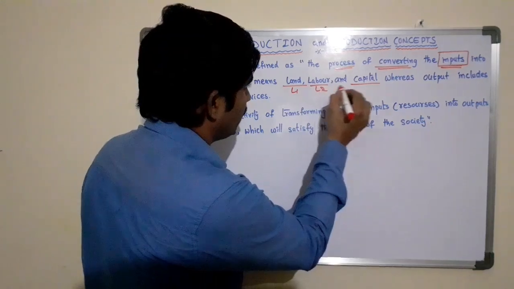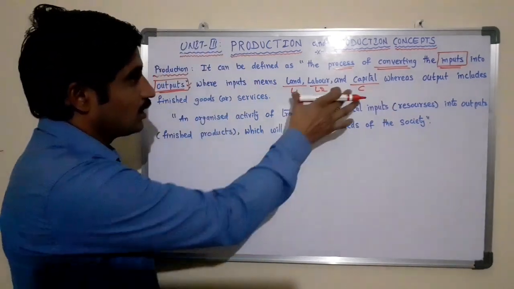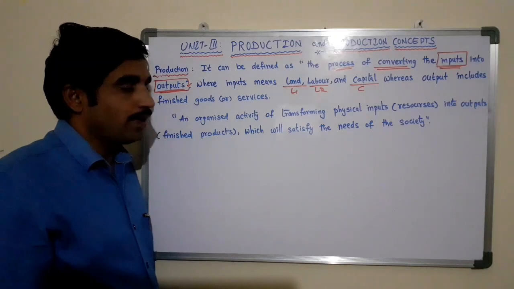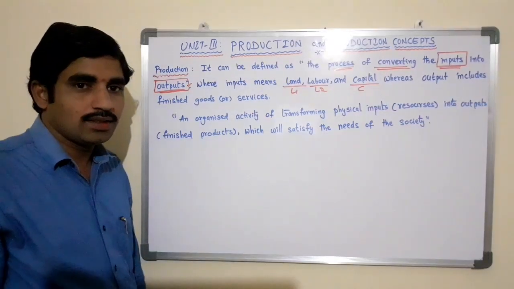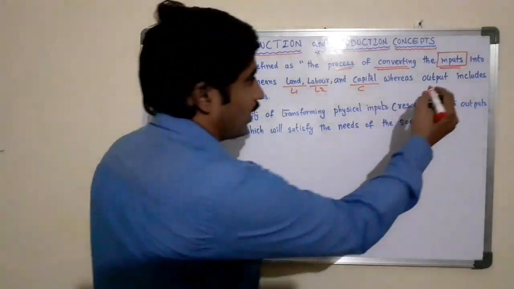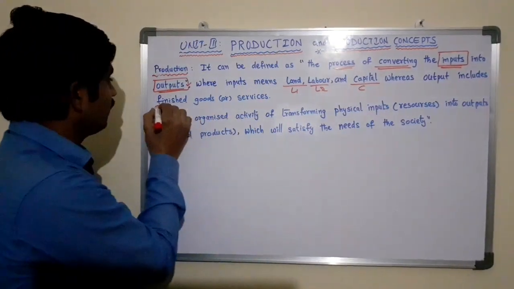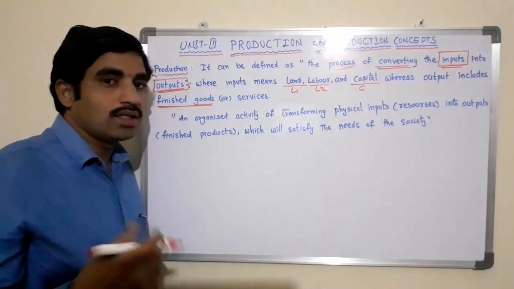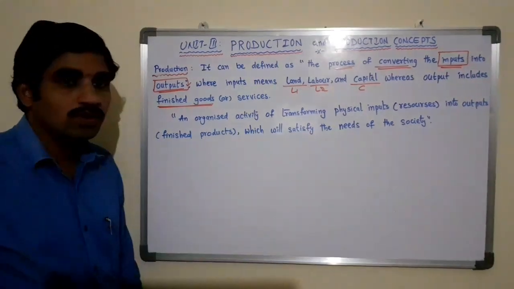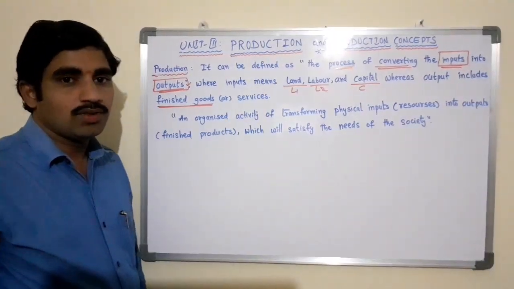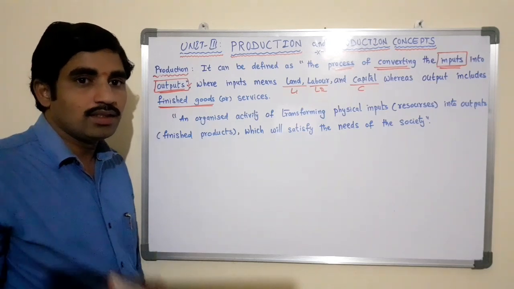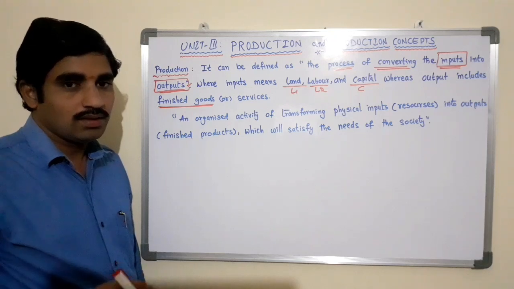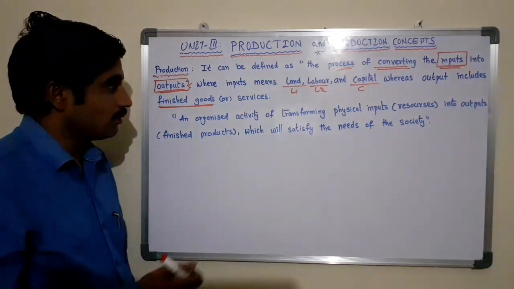Land, labor and capital are the three important inputs used by the producer or organization to produce the products, whereas the output includes finished goods, the final product that is used by the consumer to satisfy their needs, wants, desires and other requirements.